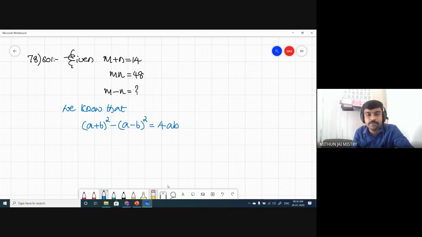This is the last formula which we have seen, and in this we have something like m plus n, m minus n, and m into n. Sir, that is ab. No sir, you are telling mn. Yeah, in the place of a we have to take m, in the place of b we have to take n. Not only in the first term, but in all the terms.